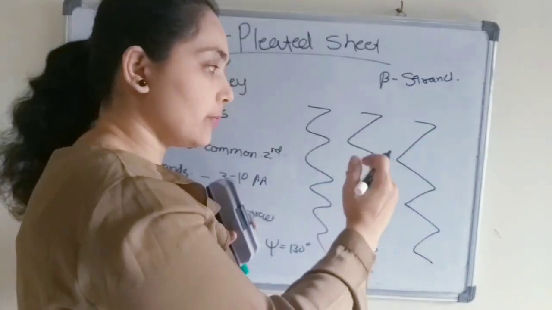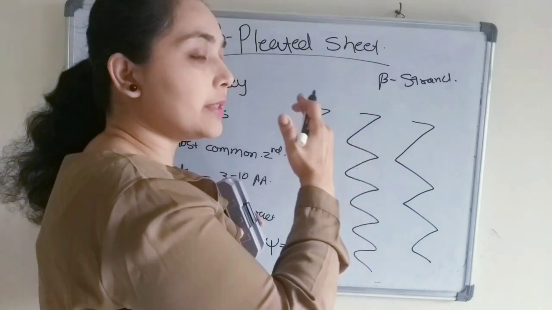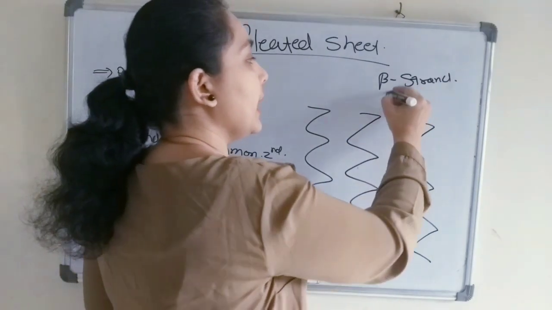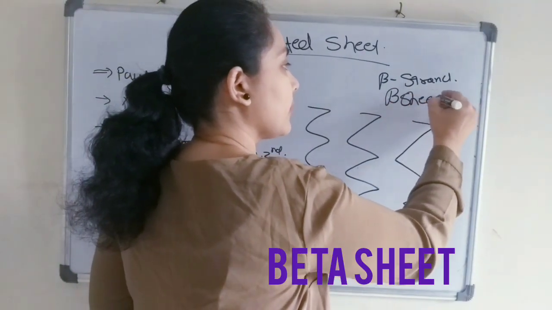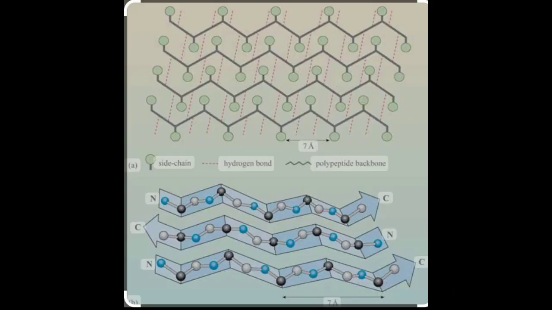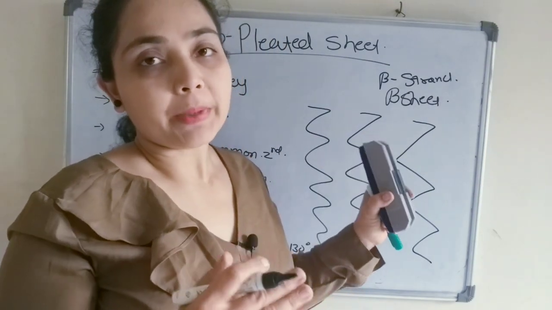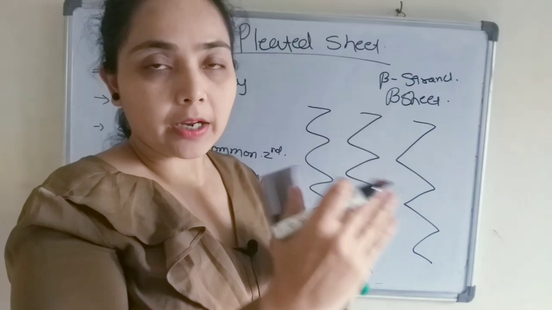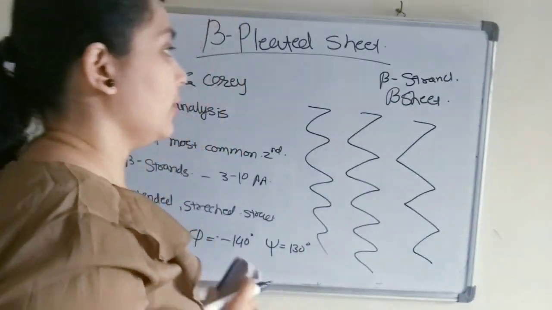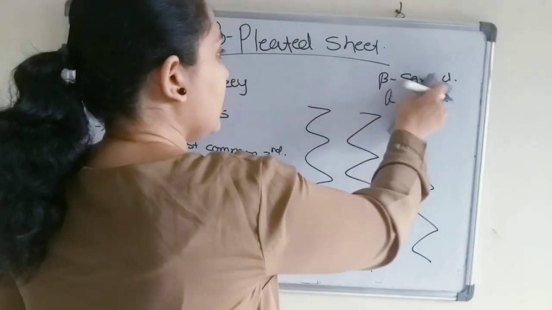This structure, which resembles a series of pleats, is known as a beta sheet, because two or more polypeptide chains are present and they are joined to each other by the hydrogen bond.